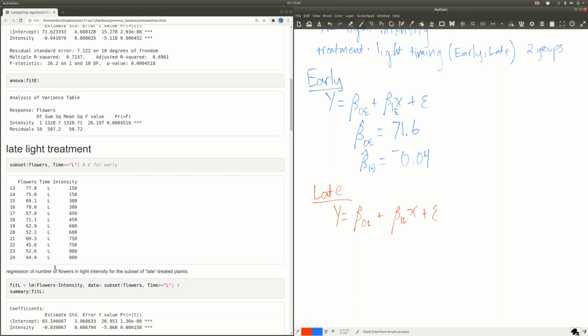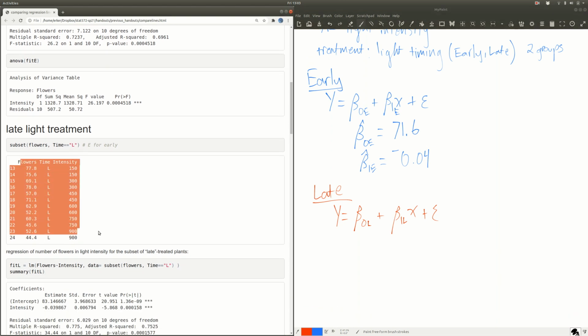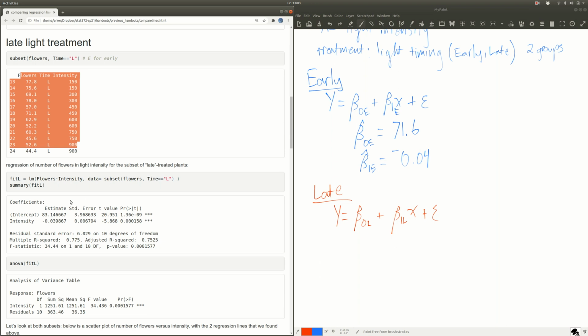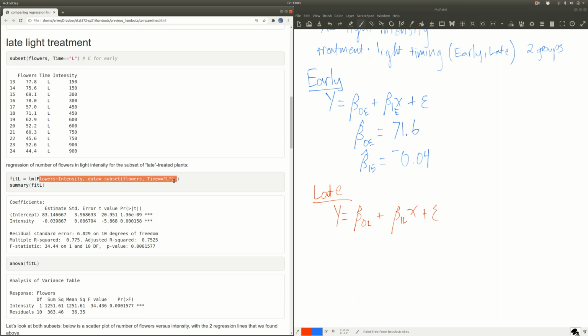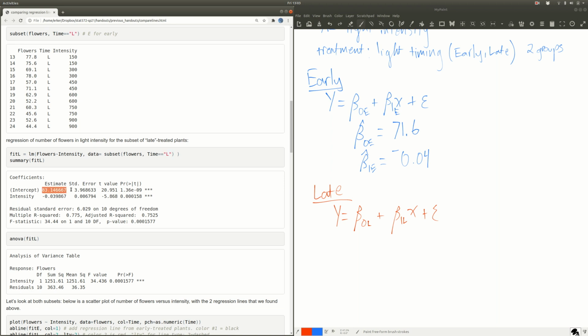So when we fit this model, here are the data. This looks the same structure as before. We fit this regression and we subset down to where time is late. We find that the estimate for the intercept, so beta naught L hat, is equal to 83.1.